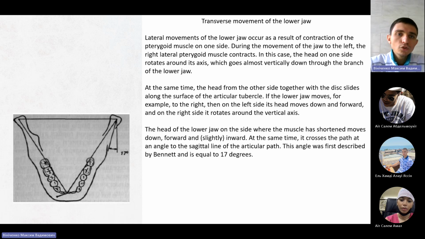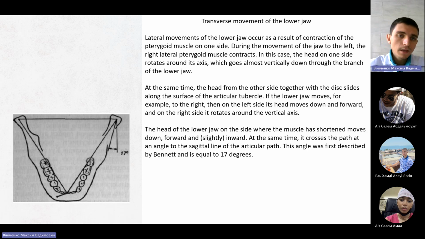Transverse movement of the lower jaw. Lateral movements of the lower jaw occur as a result of contraction of the pterygoid muscle on one side. During the movement of the jaw to the left, the right lateral pterygoid muscle contracts. In this case, the head on one side rotates around its axis, which goes almost vertically down through the branch of the lower jaw.